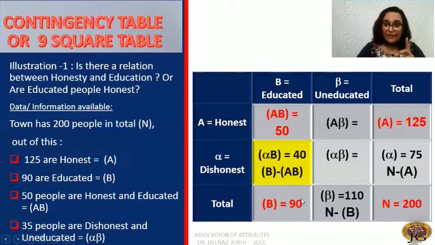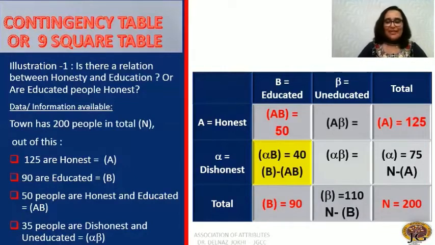So always remember, think, understand, always from the outside total you subtract the inside frequency, then you will get the remaining frequency. So that is what we have done over here also. How did alpha B come? The outside total 90 minus the inside common number 50, the AB one, is equal to alpha B, which is equal to 40.